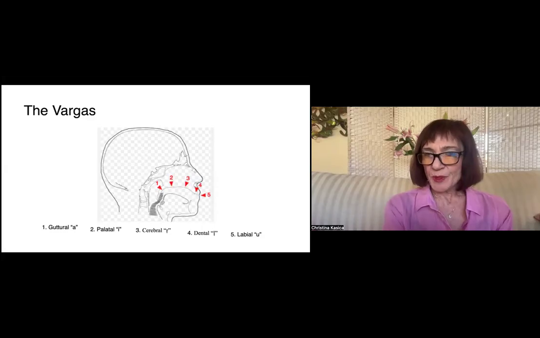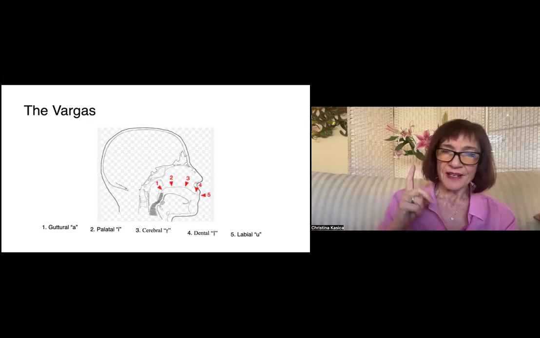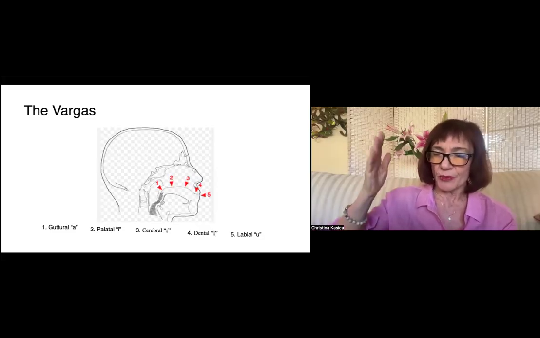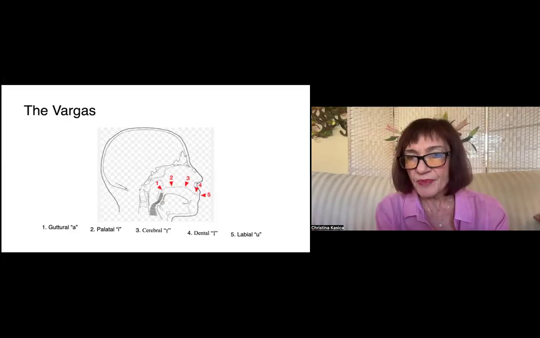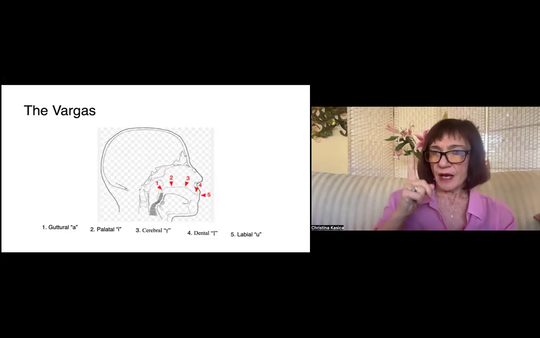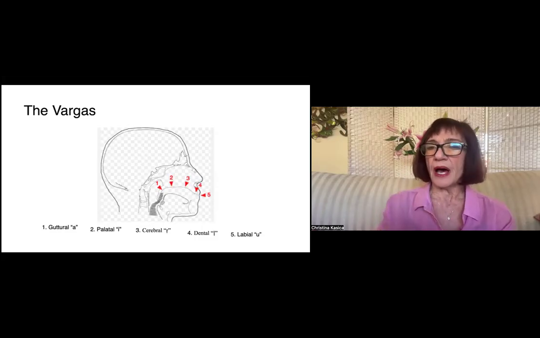Now, the next position is number 3, and this is the cerebral tongue position. And that means you stick the tip of your tongue up into the top of your head, into your brain, cerebral. So we're going to say the letter R there. That's good. Put your tongue up on the middle of your roof of your mouth and say ar.